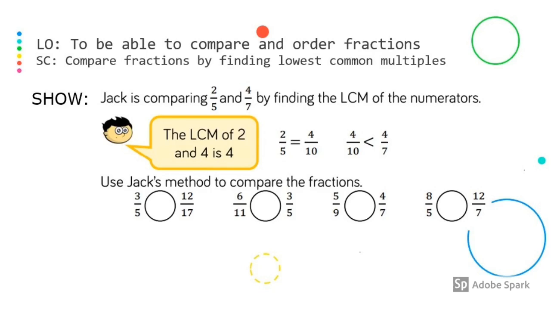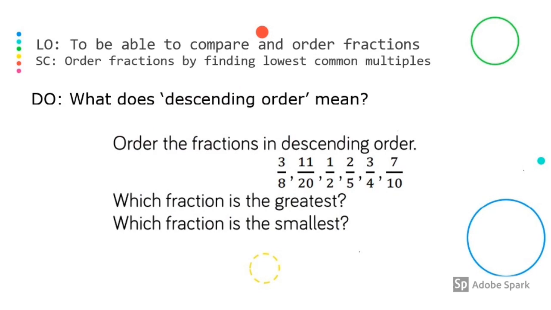Which one is greater? Here we have a do question that's asking us to order the fractions in descending order. Now you might be thinking, what does descending order mean? This is when you order something from largest to smallest. In order to answer this question, you're going to need to find equivalent fractions where the denominators are the same.